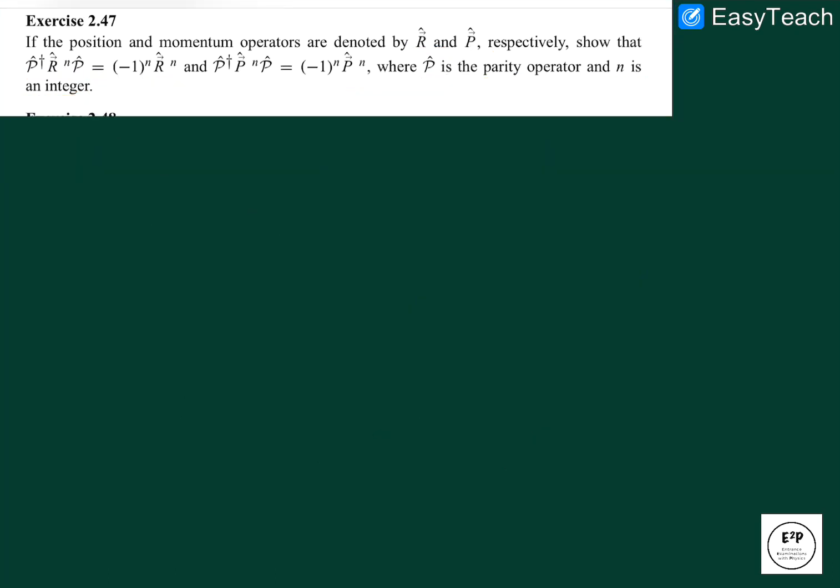On a fresh page, we have parity r cap P dagger equals minus r cap. Now multiply both sides by P inverse, or P dagger.